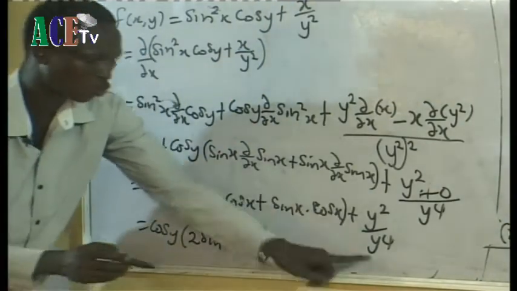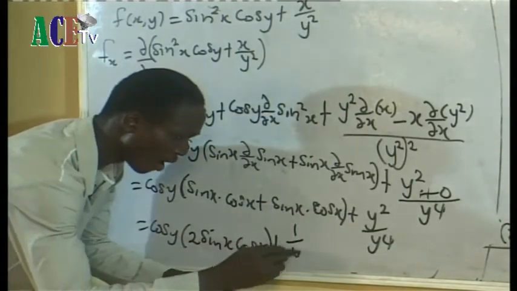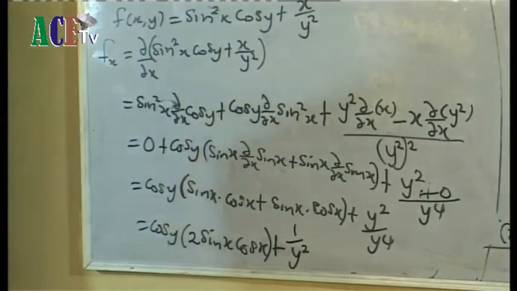Plus y square over y to the power 4 will give me 1 over y raised to power 2. Now let me open the bracket.